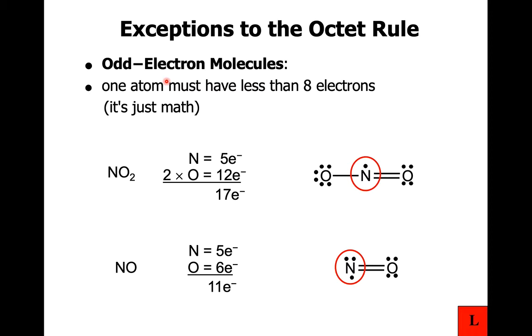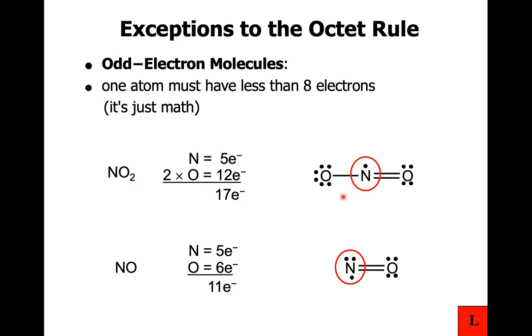And then I sort of swore to you that carbon, nitrogen, oxygen, and fluorine must stick to the octet rule, but there's a few cases where they just cannot manage it. And it's these cases here. It ends up just being a mathematical situation. So nitrogen brings in 5 electrons, each oxygen brings in 6, so you have 17 electrons for NO2.